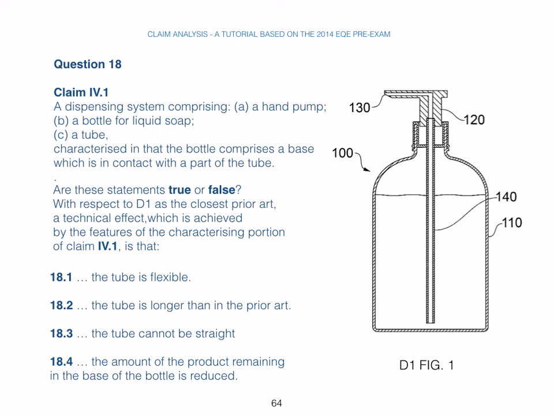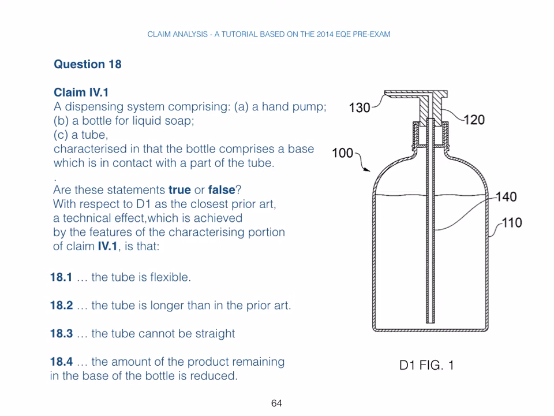Let's just do some theory before we embark on the question. The effects or the technical effects are normally to be found in the patent application description, and in the EQE, technical effects are always found in the patent application or patent description.